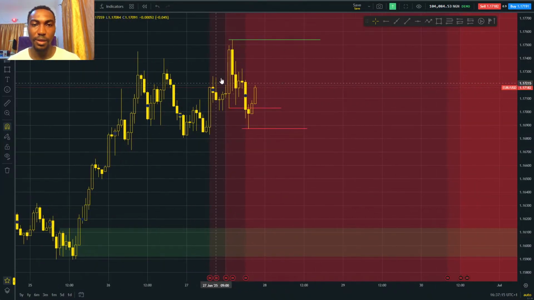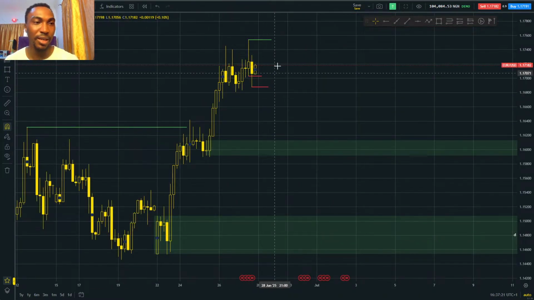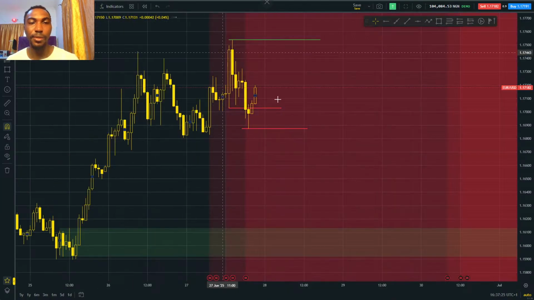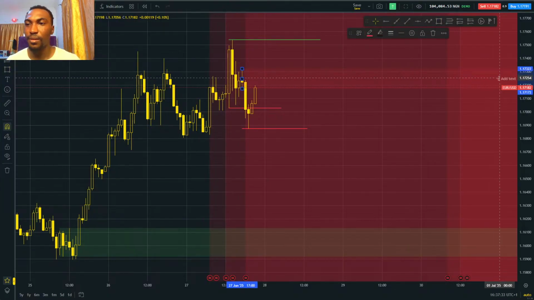You're still waiting for the exact same thing as 4 hour traders: candle closes above or below these zones. Candle closes, confirmation. So you are looking for a rejection from here.